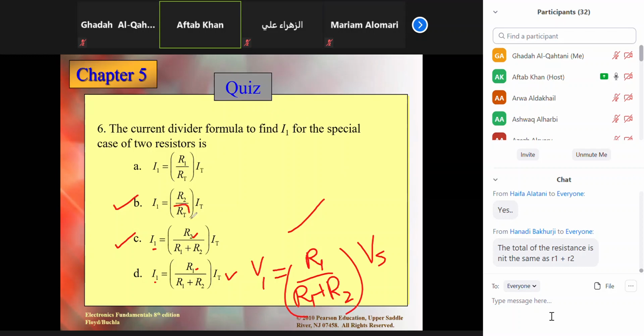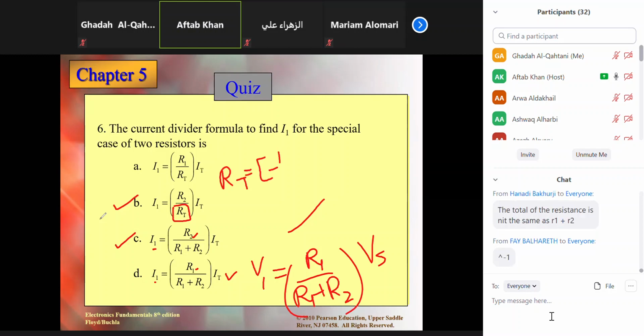Whenever we say RT for parallel, it should basically be 1 over R1 plus 1 over R2, inverse. Correct. This is the RT for the parallel, but this is not the RT. This is just a sum, R1 plus R2. Understand?